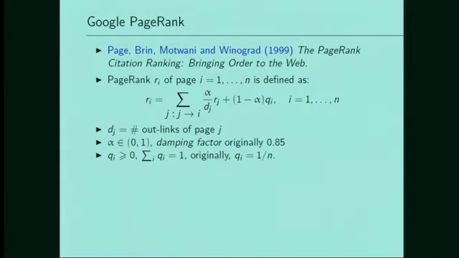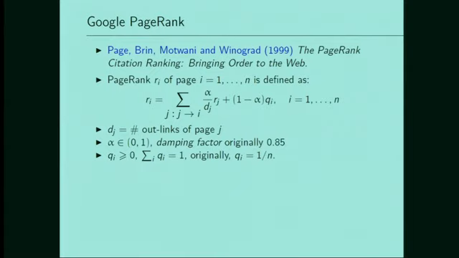So here we have a set of web pages, say from 1 to n, and Ri is the PageRank of page i. It consists of two components. Here is a summation over all pages j that have a link to i. And what we have here is the PageRank of page j.